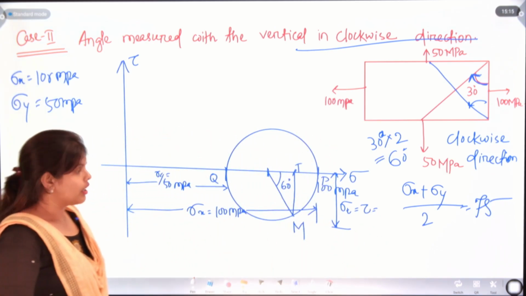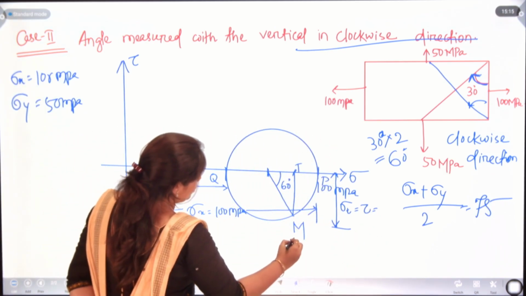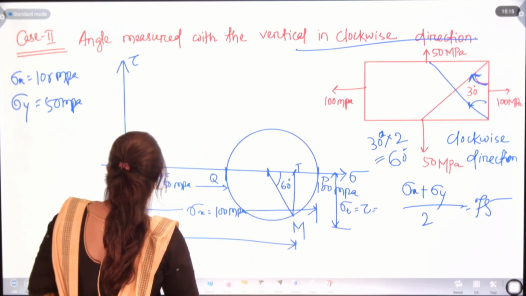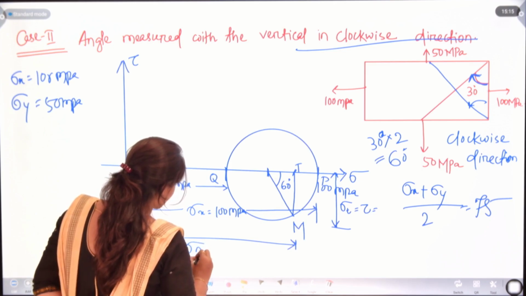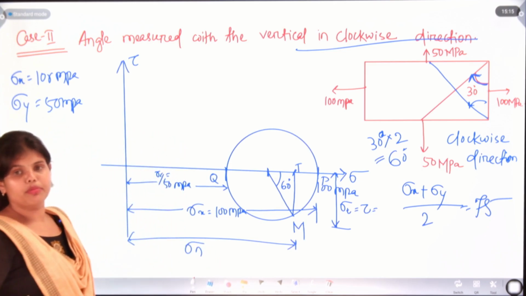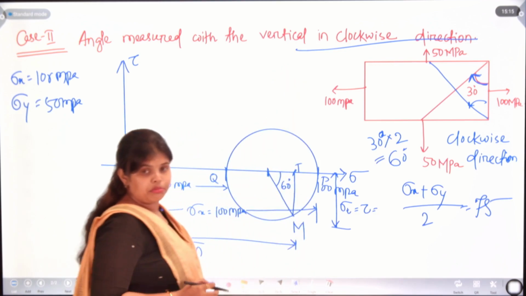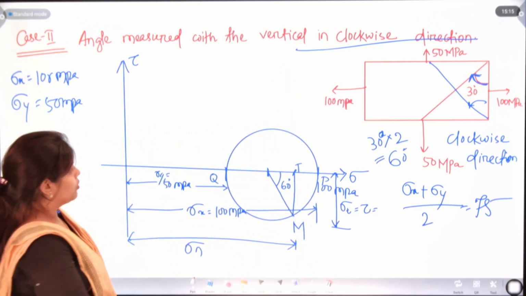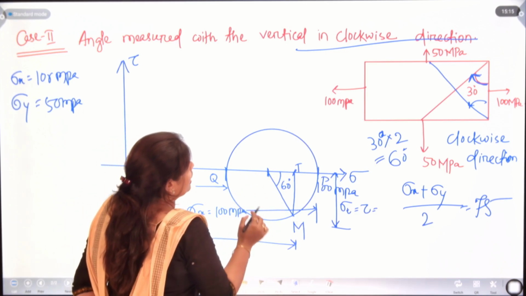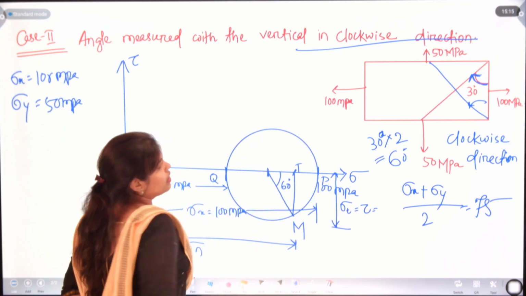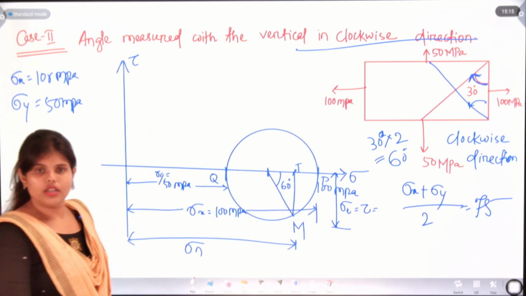And from these two, this is your sigma n. You just need to remember that in case of clockwise direction, we will draw the diagram below the x-axis, and if it is in anticlockwise direction, we will draw the diagram above the x-axis, right.